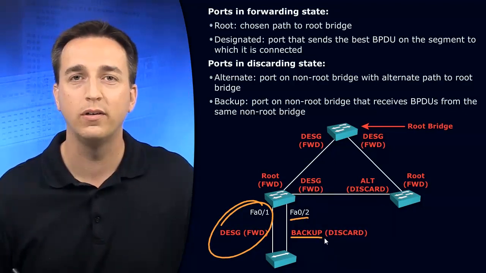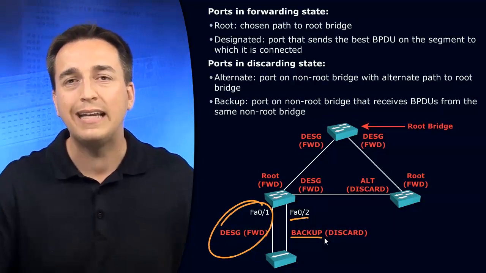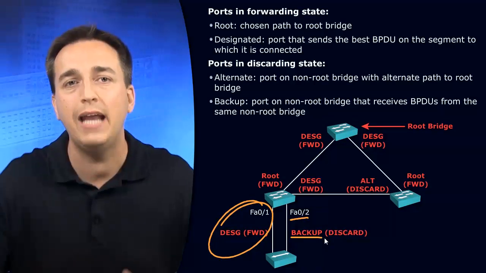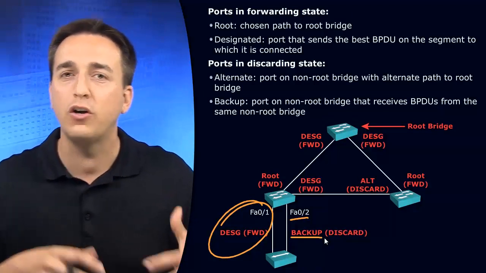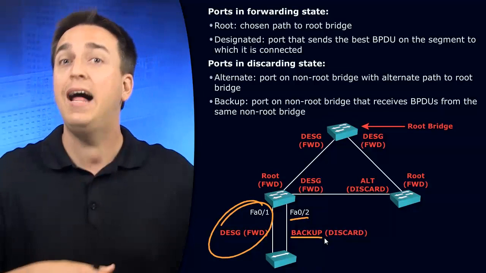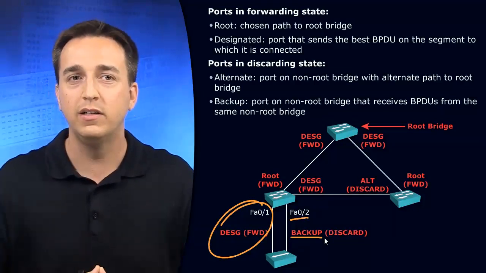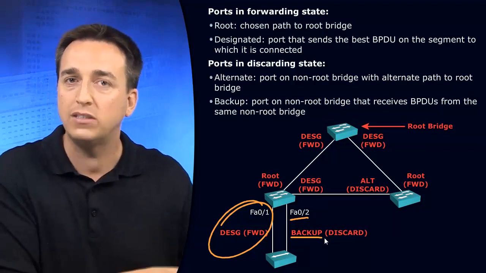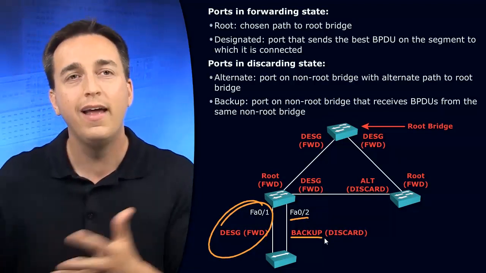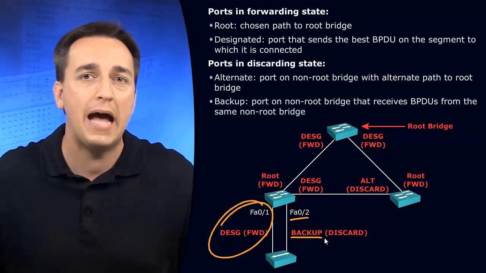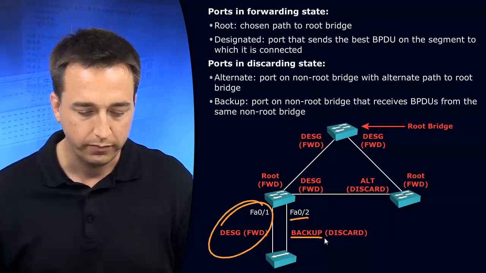It is a port that can become a designated port if the BPDUs are no longer received from the other designated port on that shared segment. So if the designated port goes away, Fast Ethernet 0/1 fails and Fast Ethernet 0/2 takes over as the designated port. So it's a backup to the designated port on that shared Ethernet segment.